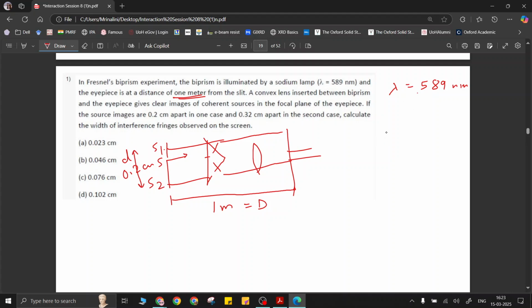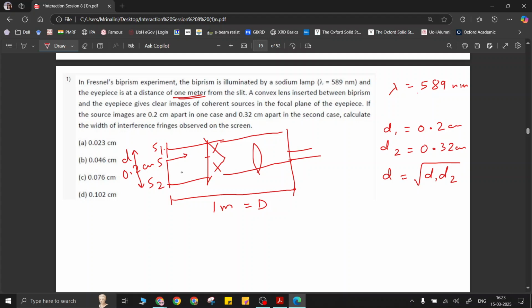When we are given these two different source image distances, then to find d, this is the relation we use.